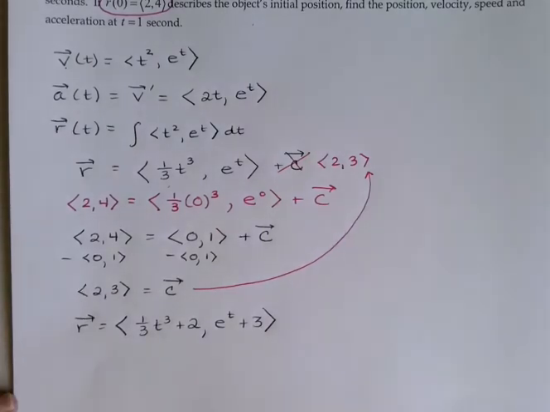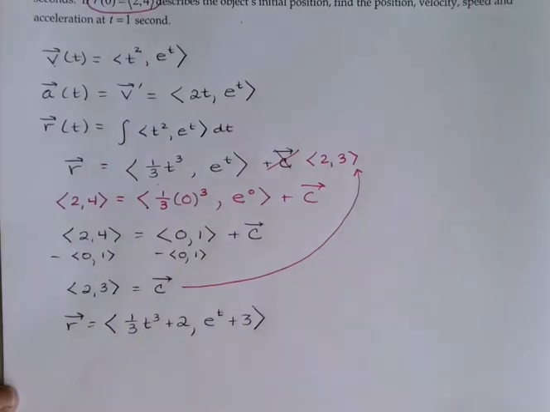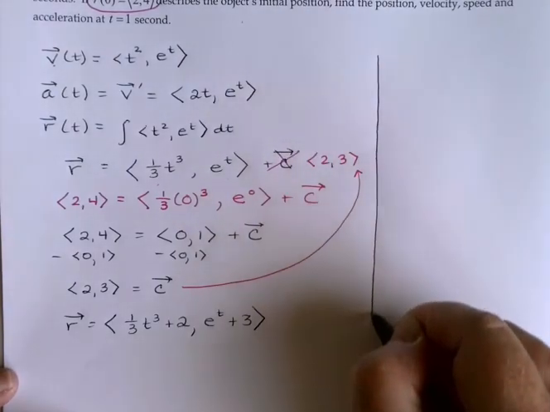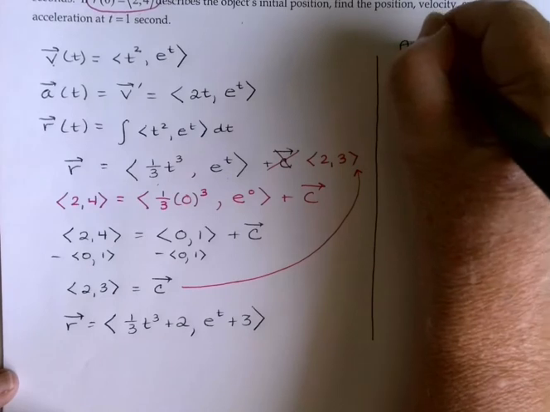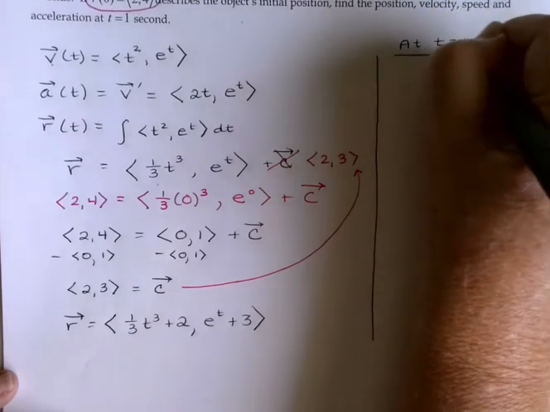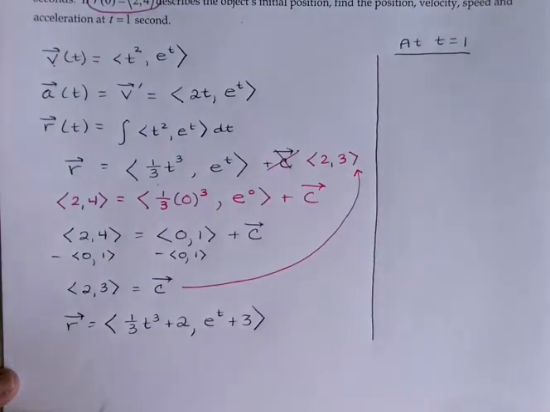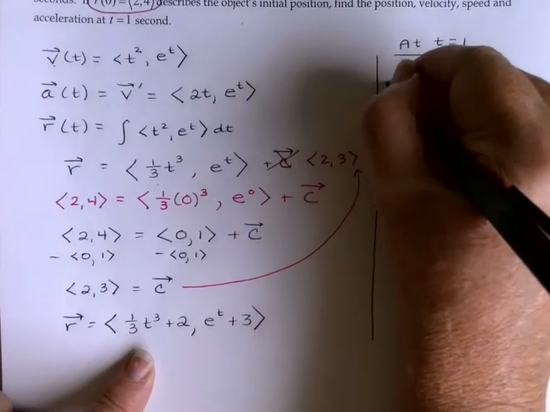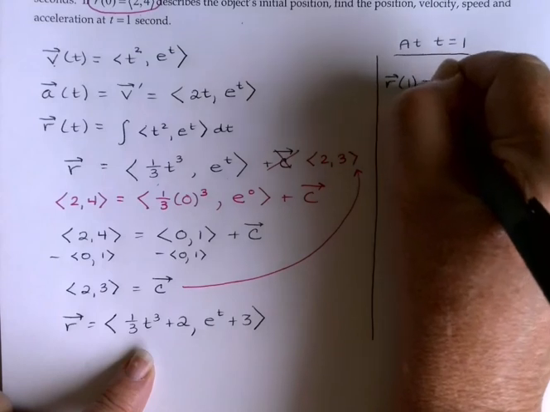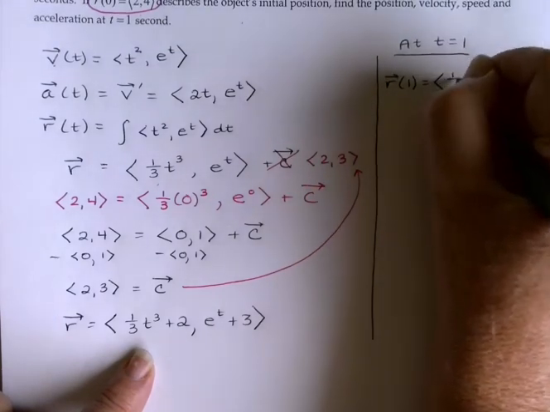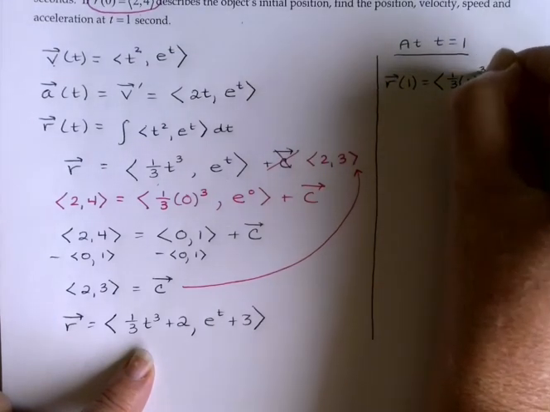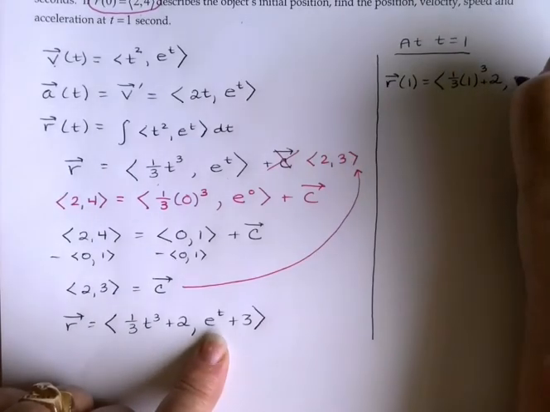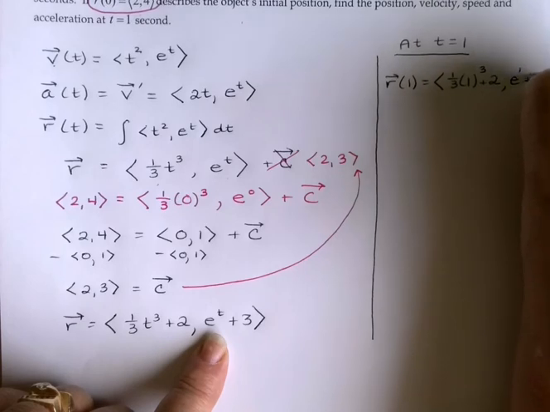All right, now that I've got all of that, it's fairly simple to just go ahead and figure out everything I need at t equal 1. Let's see, we want position, so r of 1 would be 1/3 times 1 cubed plus 2, and e to the first plus 3.